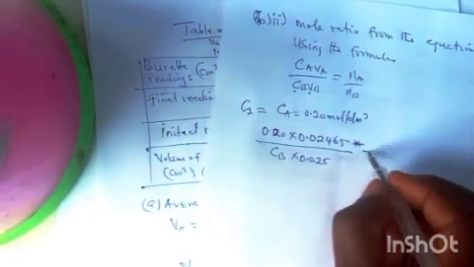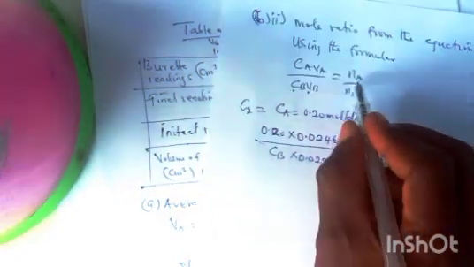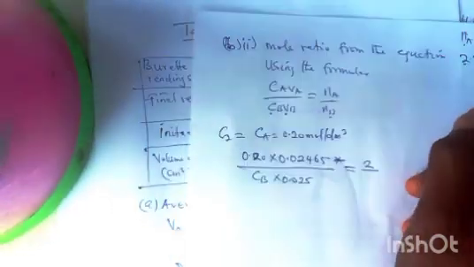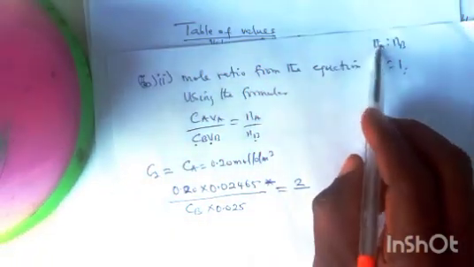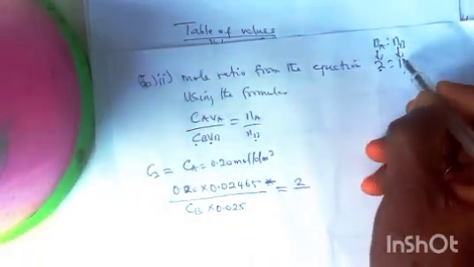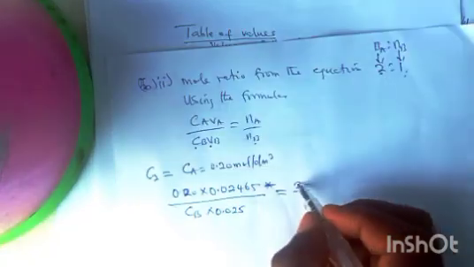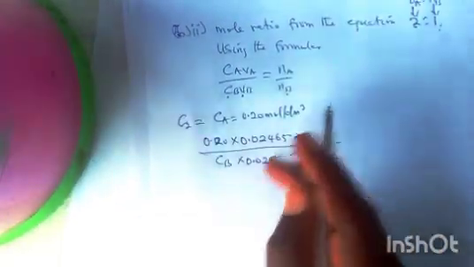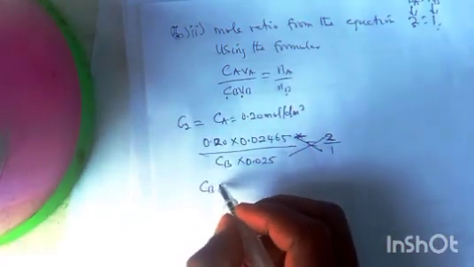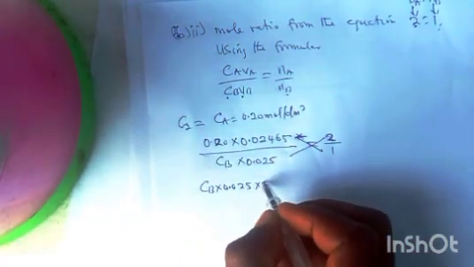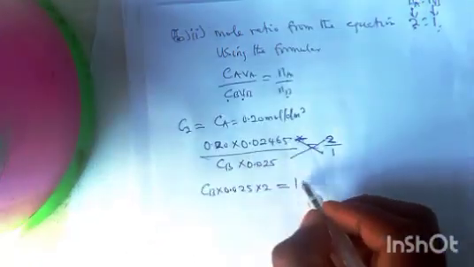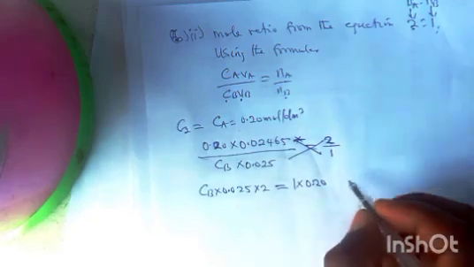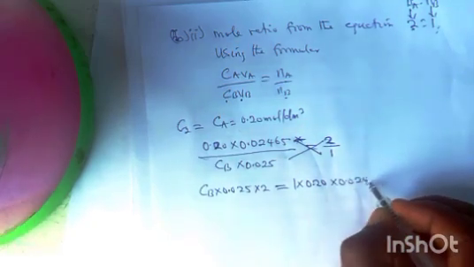0.025, equal to Na over Nb. Na is 2, Nb is 1. Look at it here. Na is 2, so you put 2 over Nb, which is 1. Then you cross multiply. So you have CB times 0.025 times 2 is equal to 1 times 0.20 times 0.02465.